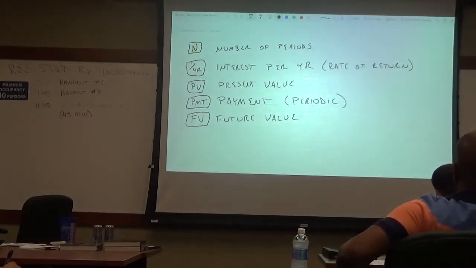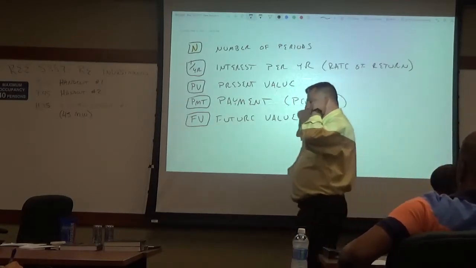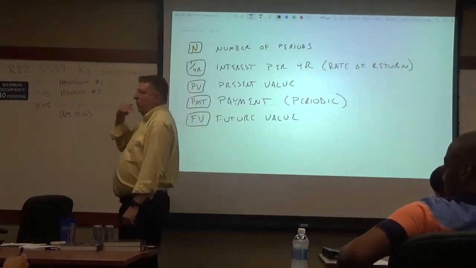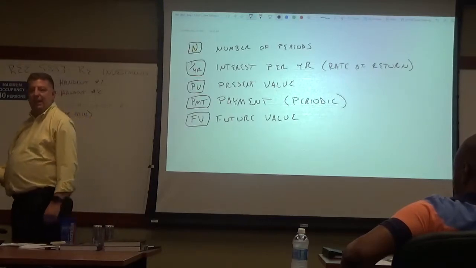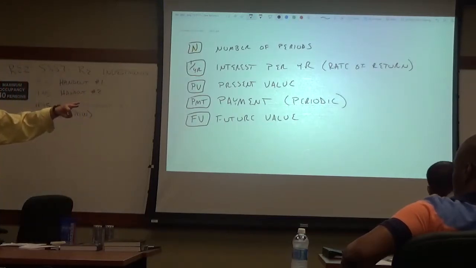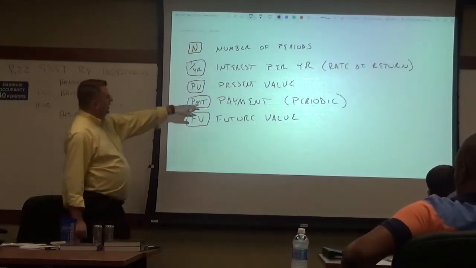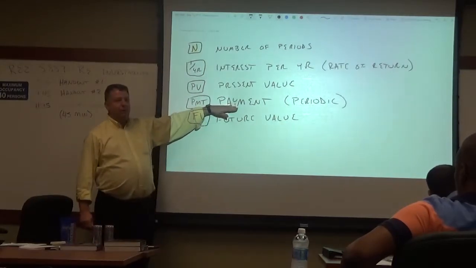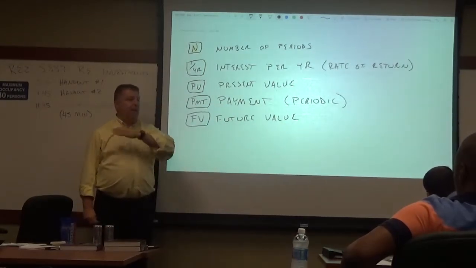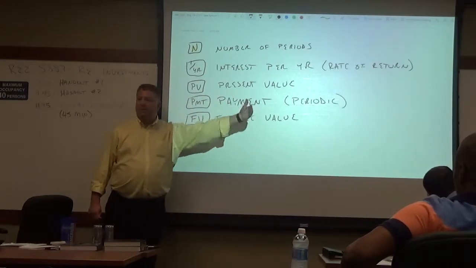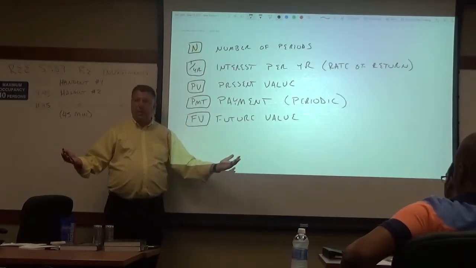In the mortgage problem we did earlier, you have 360 monthly mortgage payments. That monthly mortgage payment is a periodic payment, meaning it occurs every month for 360 months.